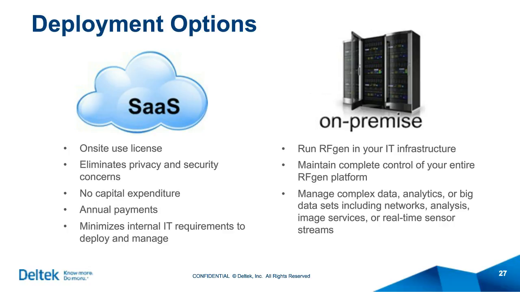The second environment is more of a SaaS environment, which says I'm going to implement RFgen at my location, not in a cloud environment. It's an on-premise SaaS. I want to get around all of the privacy and security concerns that I might have as a Costpoint user, but I don't want to have to purchase the software. I only want to buy the rights to use the software on an annual basis.